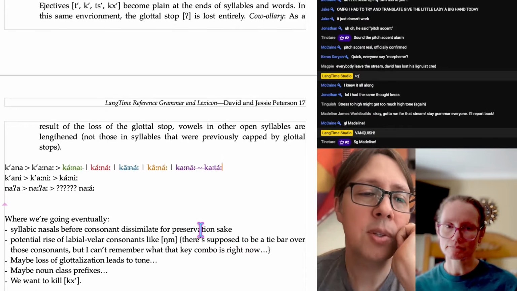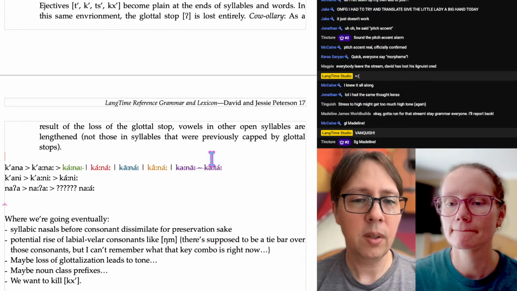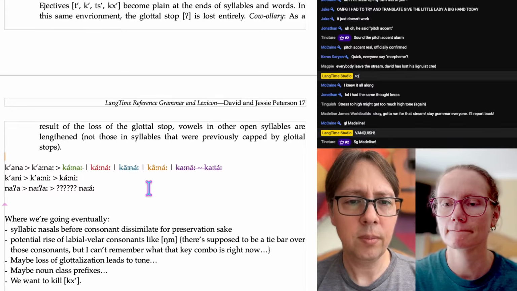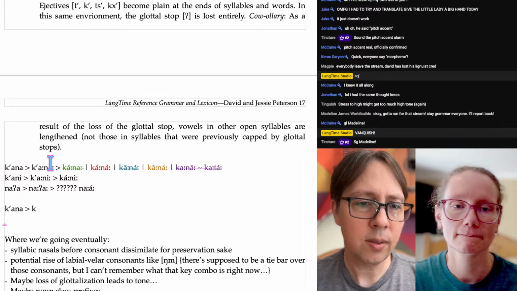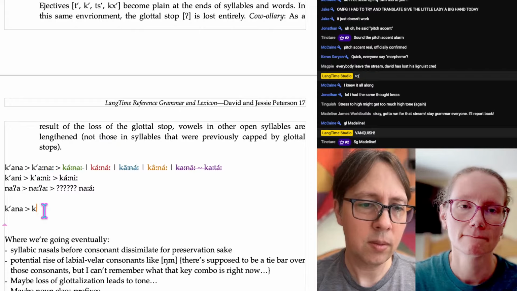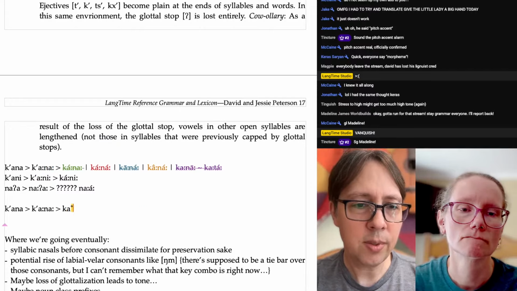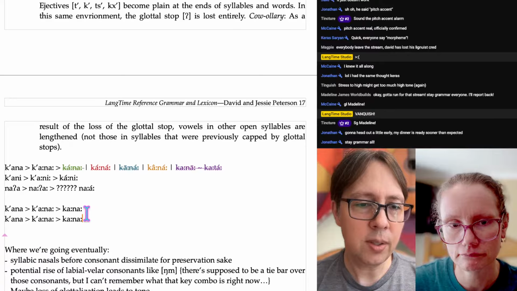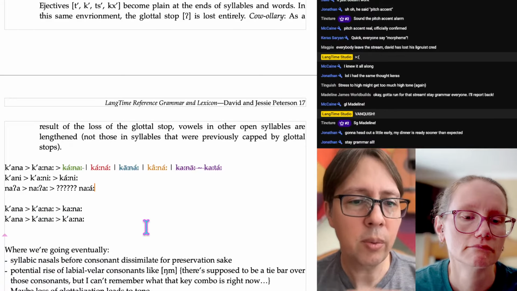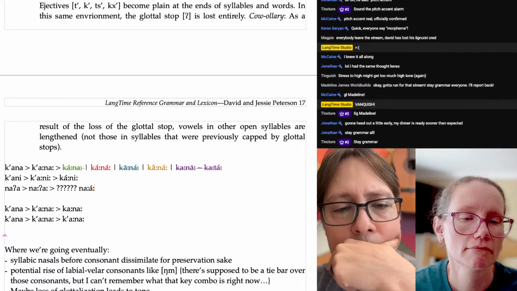Well, there's two different types of nothing, though. Because one type of nothing is that this becomes this, and another type of nothing is that we don't get rid of the ejectives at this stage.